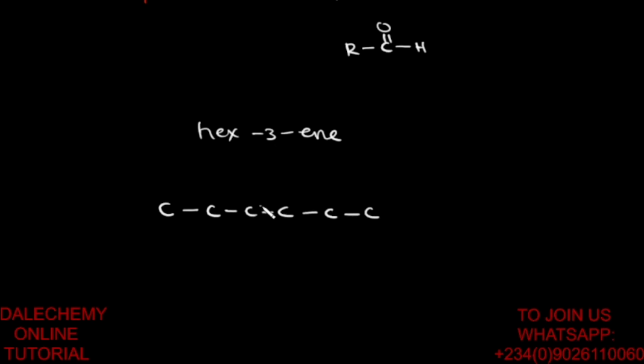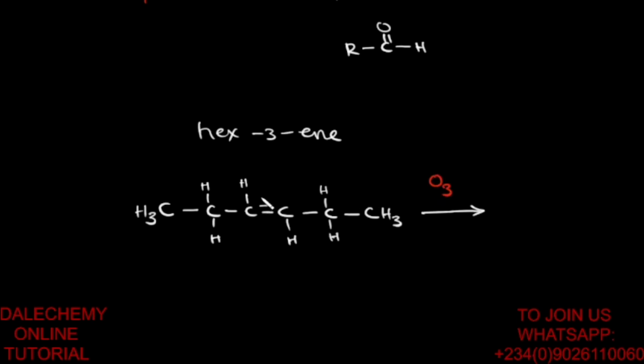If you count from here, we have 1, 2, 3. And you have to put the hydrogens to saturate it. We have just one hydrogen here, and CH3. So this is the hex-3-ene. Now they are asking what will be the ozonolysis product of hex-3-ene.